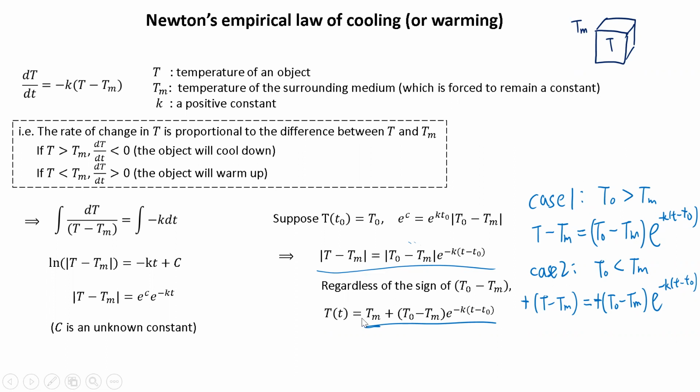If I try to draw pictures, then we can see what's going on physically. If I draw this temperature as a function of time, first of all, as t tends to infinity, this exponential term dies, so then T is just Tm. This is what we call the asymptotic value.